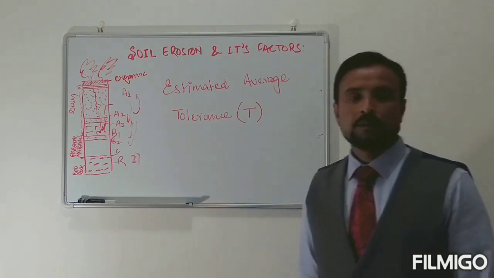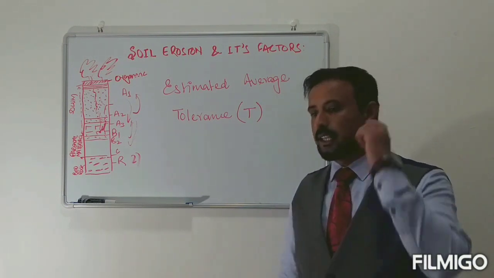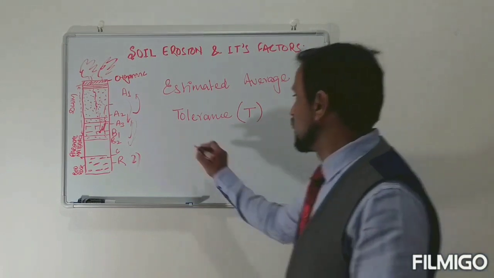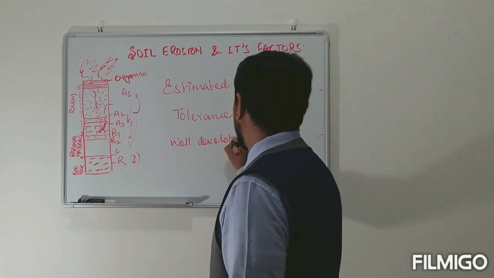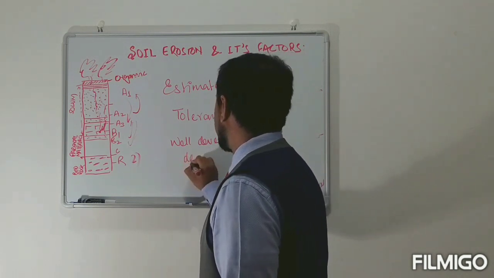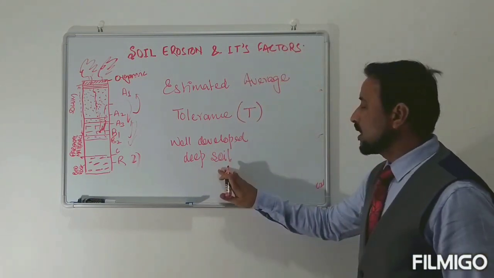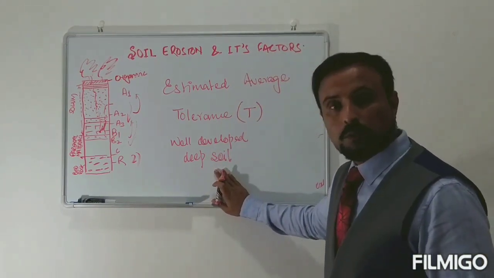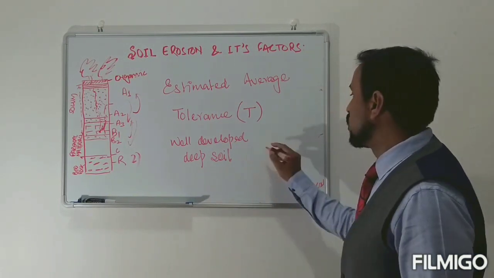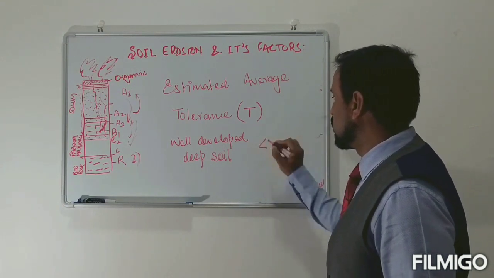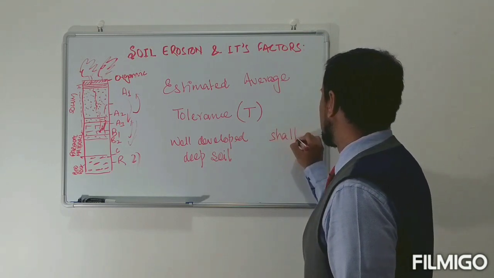Like deep soils which are on plains, well developed, deep soils. The erosion processes happen in these kinds of soils less as compared to soils which have a shallow nature.